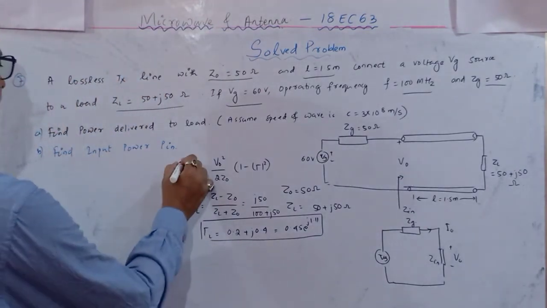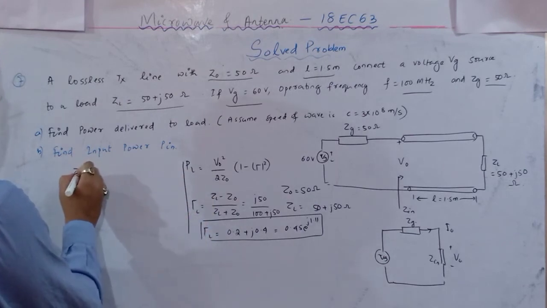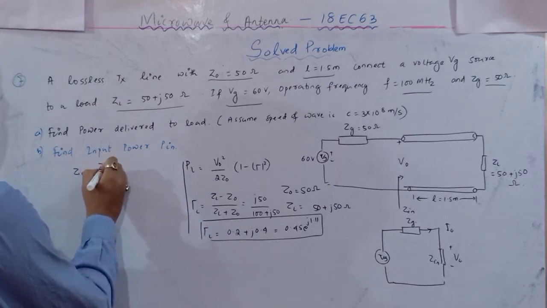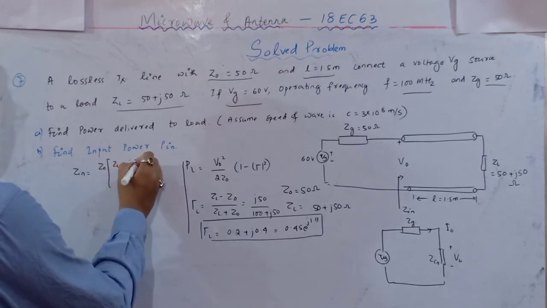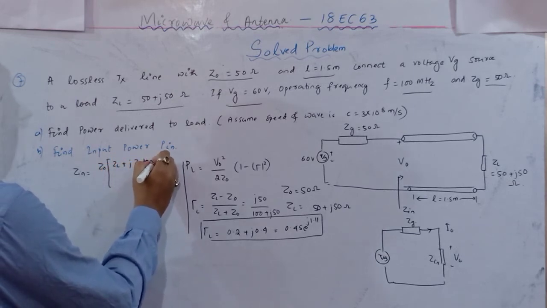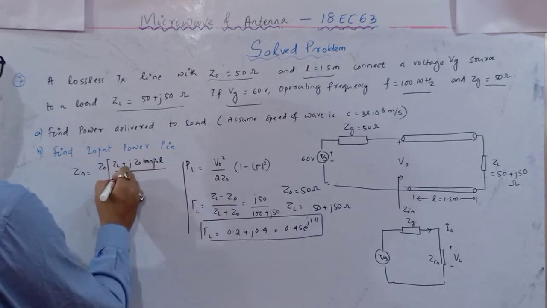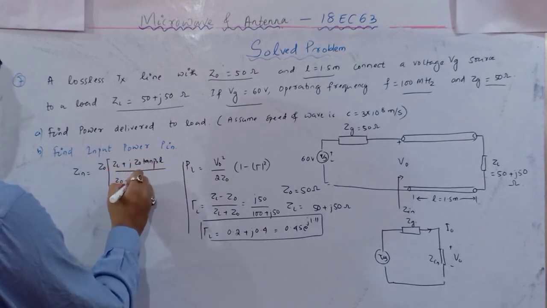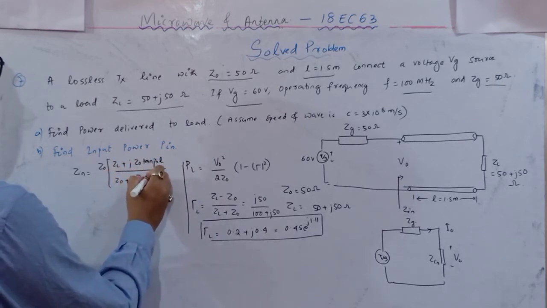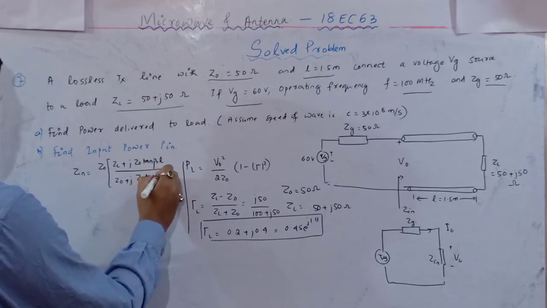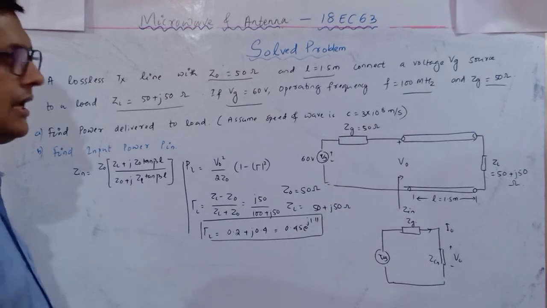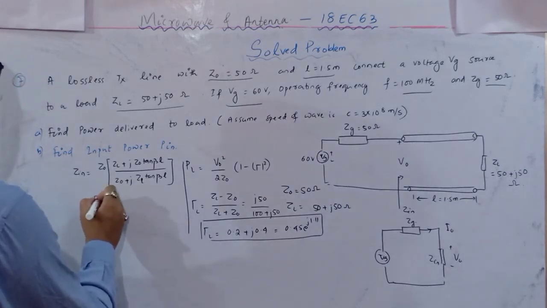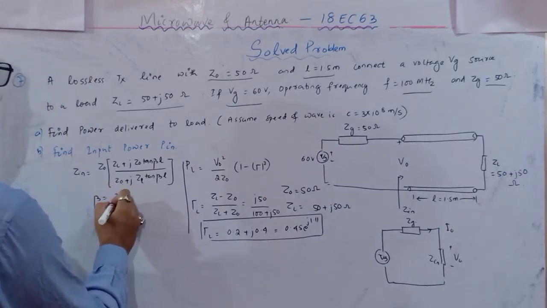Simple. It is a lossless line, so directly I will write Zin equals Z0 times (ZL plus jZ0 tan beta L) divided by (Z0 plus jZL tan beta L). Done. Now what is the beta value? Beta is 2 pi by lambda.